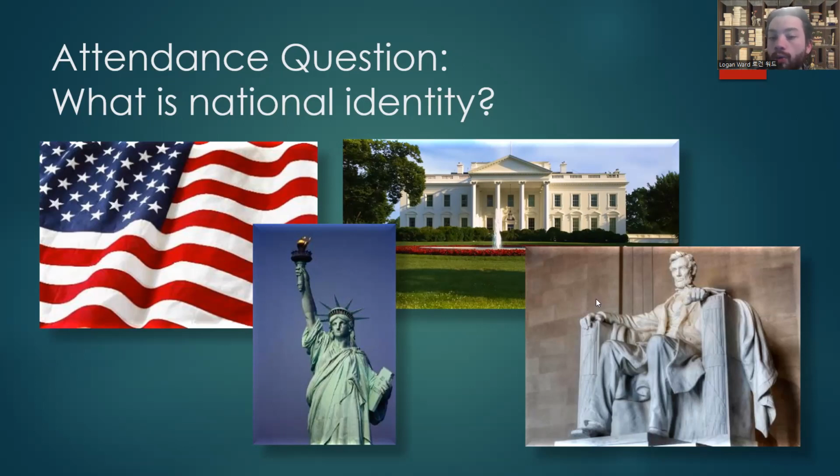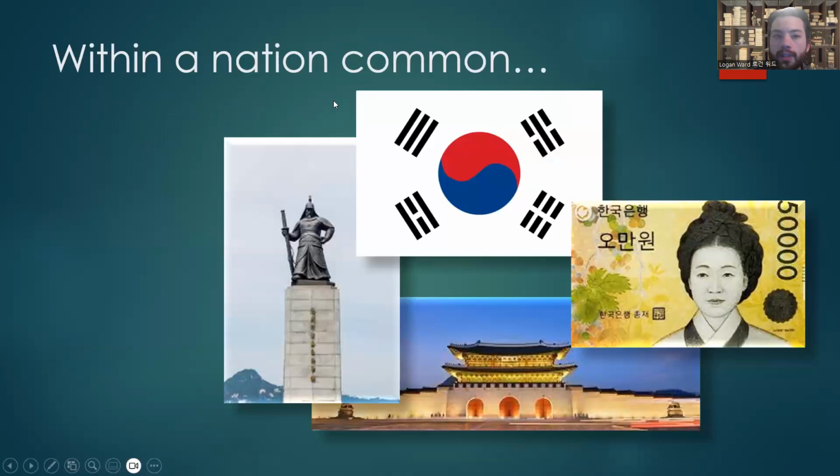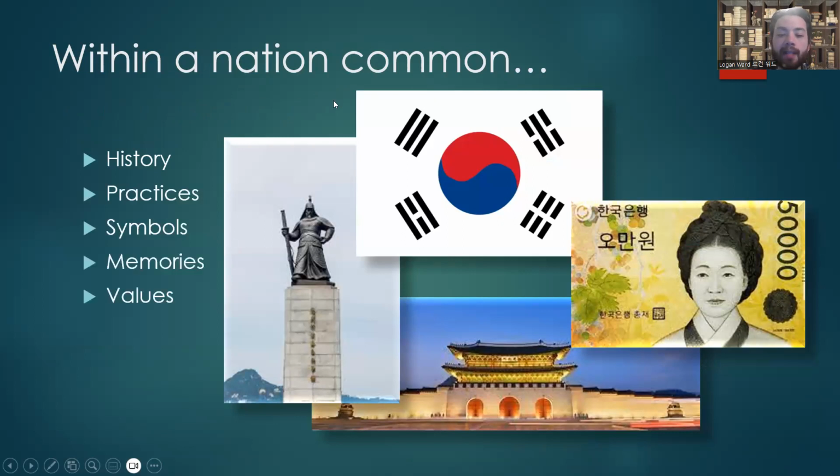And then we have monuments to our actual historical leaders, like the Lincoln Memorial, right? So we have a shared history of leaders or a shared history that we try and use to connect with each other, right? So yeah, it's all of those things within a nation, this kind of shared or common history, practices, symbols, memories, values, all of those kinds of things.